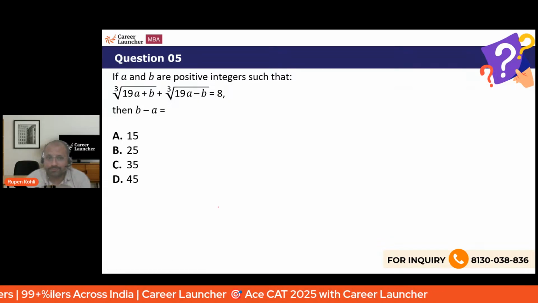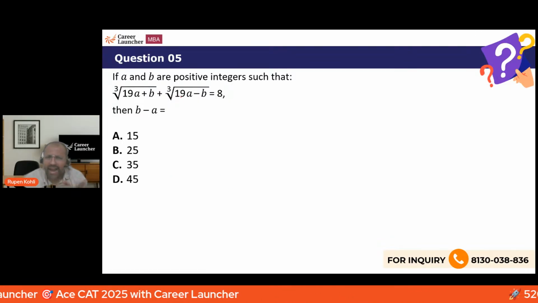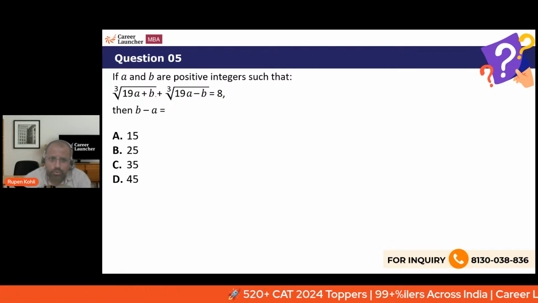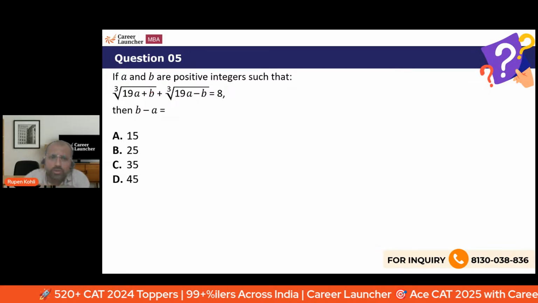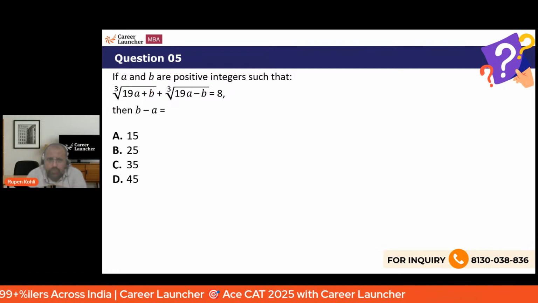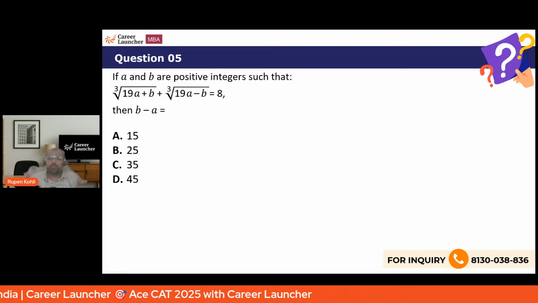What do you do? You look at the fact that you have cube roots. Two cube roots adding up to an integer. My God, how will you ever get that? Do you really think that these numbers could be irrational? It is not possible for two cube roots which are irrational to give us an integer value. Impossible.